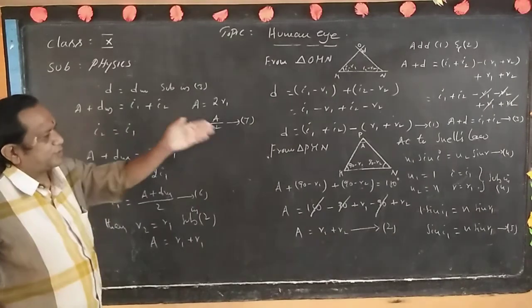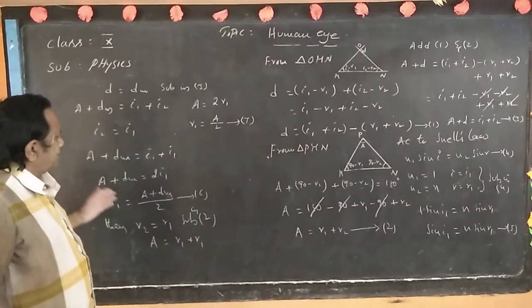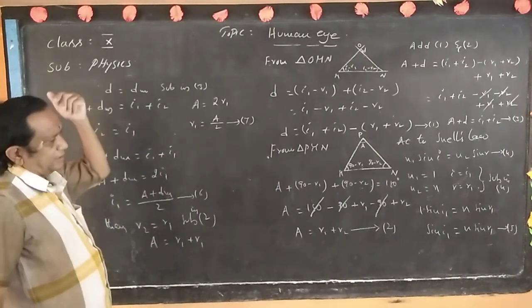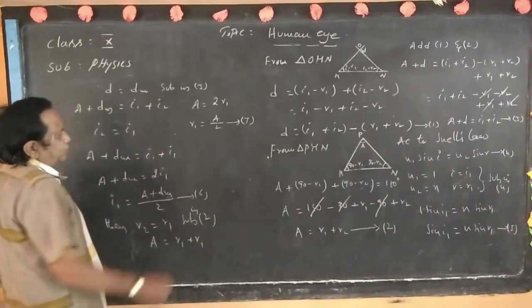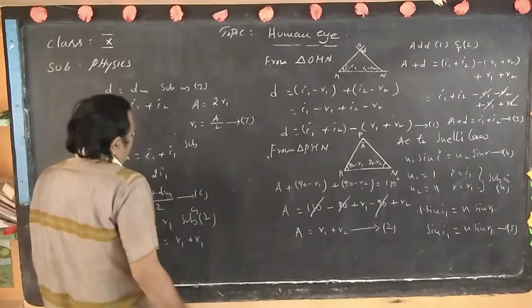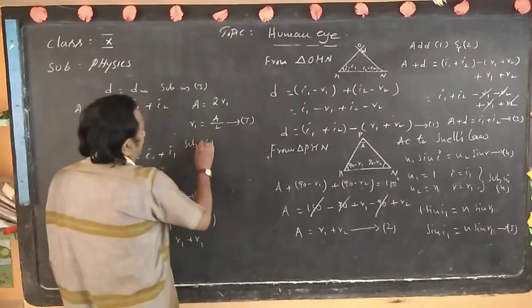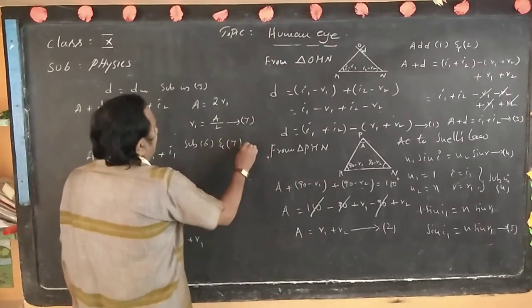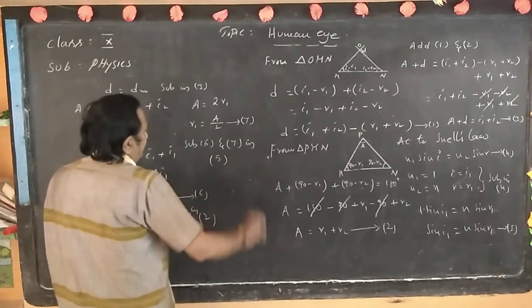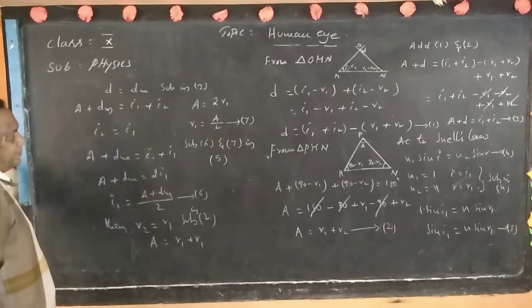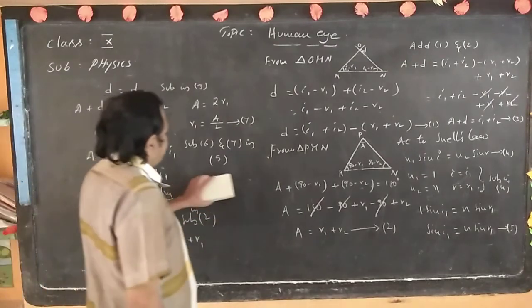These values are substituted in Snell's law. We get our application: n is equal to sine of A plus dm by 2 by sine A by 2. So substitute equations 6 and 7 in equation 5. Then what do you get?